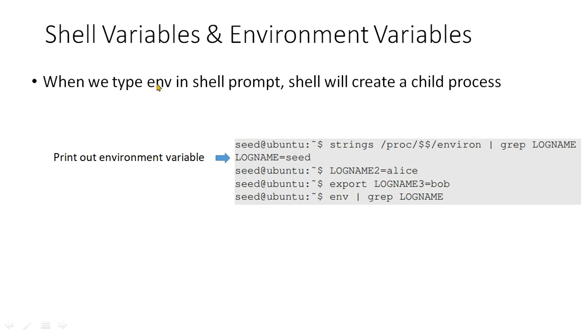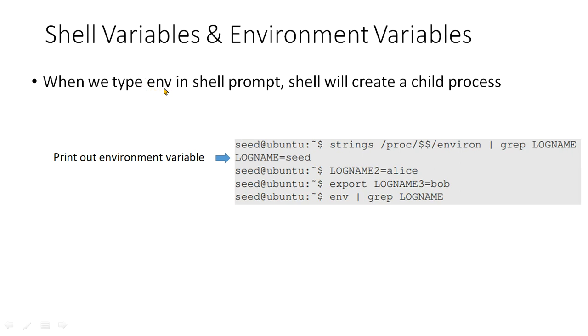Remember, we also have a command in the shell named env. When we run it in the shell, it prints out the environment variables. But when we are in the shell and run this command, it is run in a child process. That's why when it prints out the environment variables, those environment variables belong only to the child process.